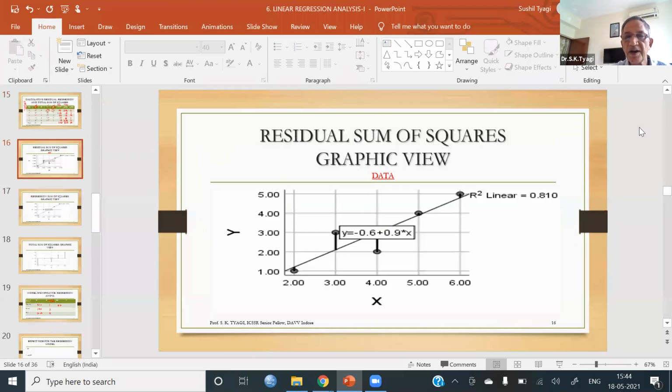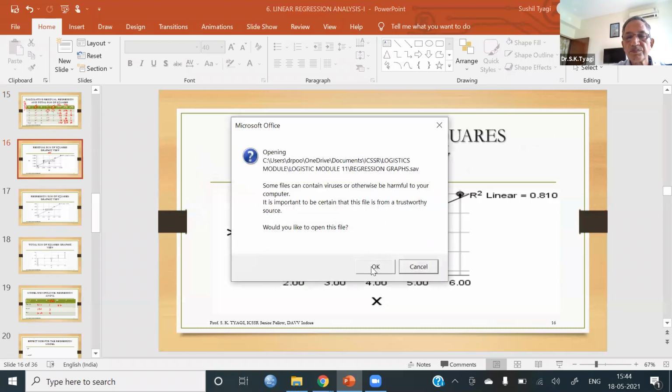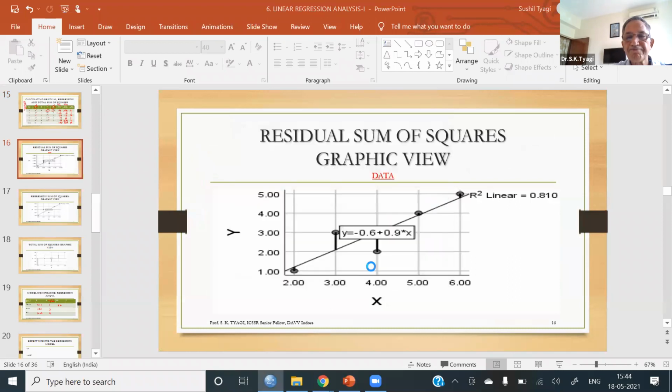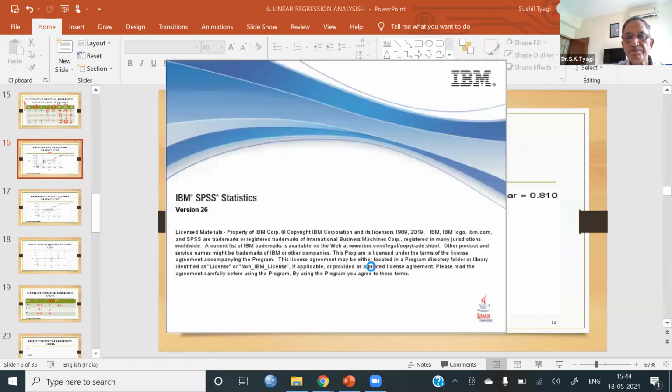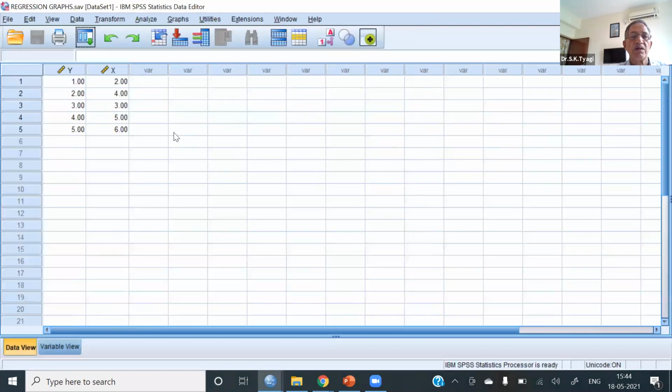Here is the data. I have entered this data in SPSS. This is Y: 1, 2, 3, 4, 5.